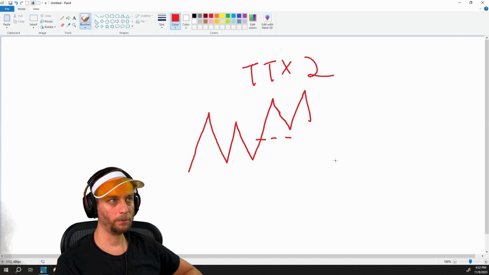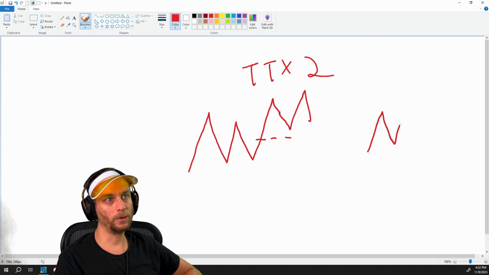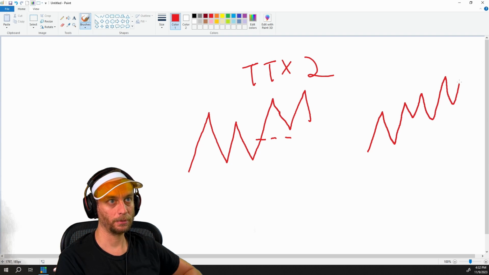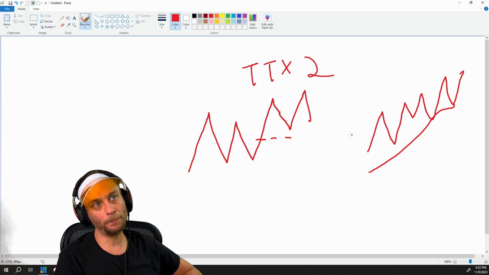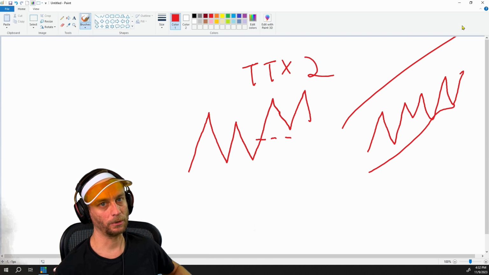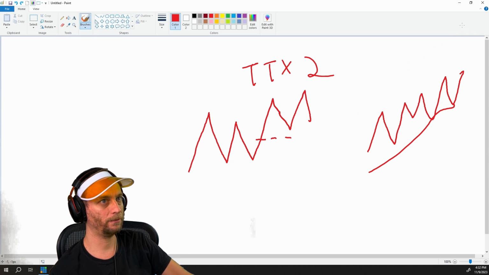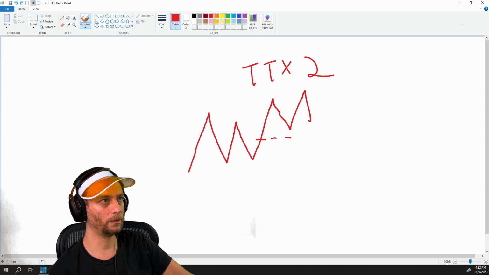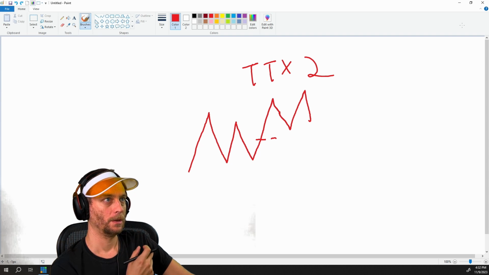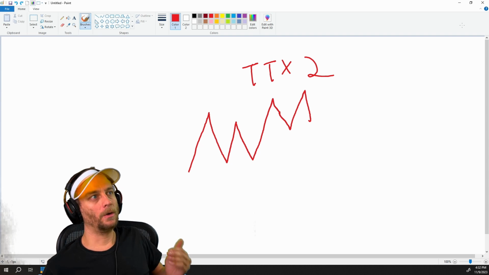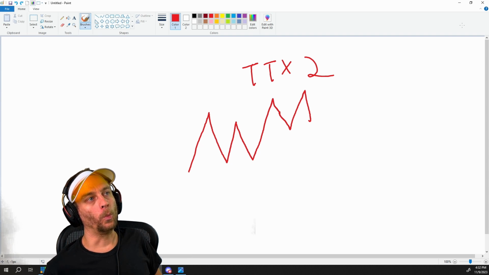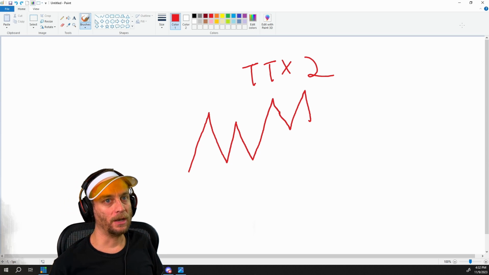I just need them to pull it in decently. It can't be just hovering up there and doing this, because if it's doing that, it could just start to rise and drift up like this. And then at that point, that's a channel and it's not even really a range anymore. So it's not valid in that circumstance. Okay. So now we know when to count it, when not to count it.